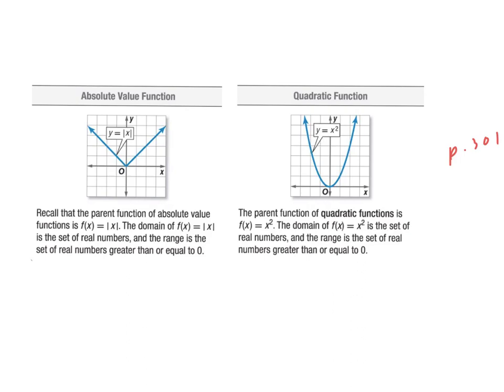So if I take a parent function and transform it, it's still going to be an absolute value function, if that's what we started with. Or it's still going to be a straight line, a linear function, if that's what we started with. Or it's still going to be a parabola, if that's what we started with. Okay? We can change the size, shape, and position, which is the next part of transformations.